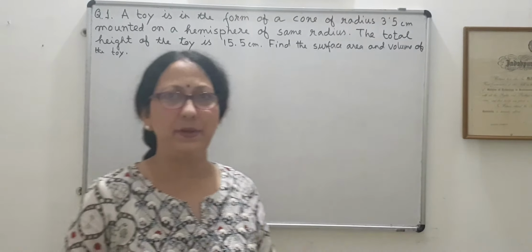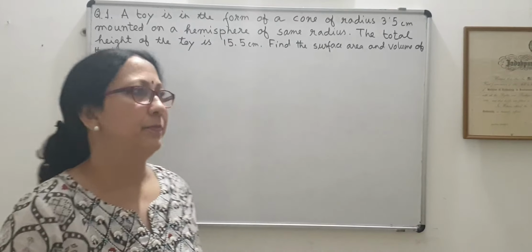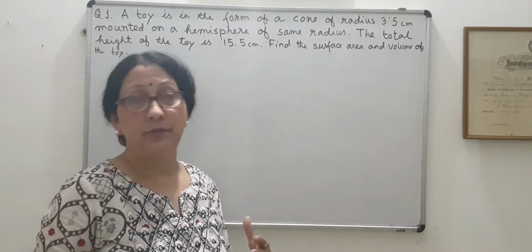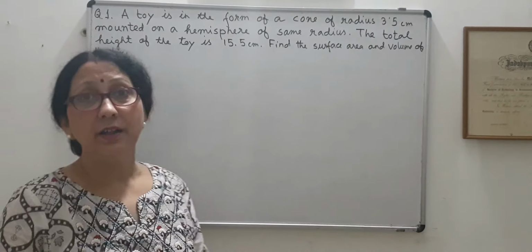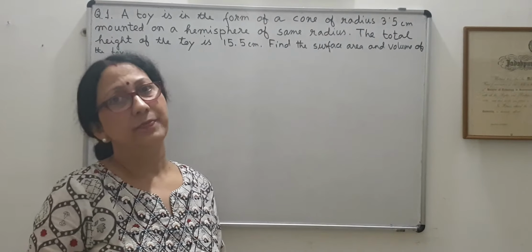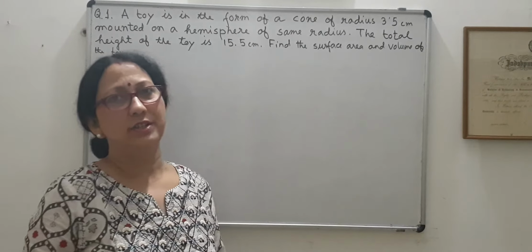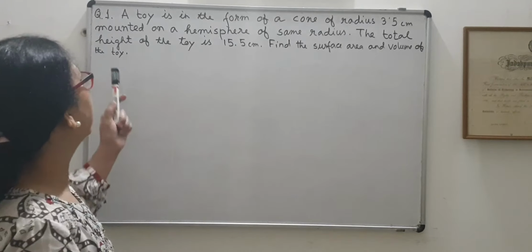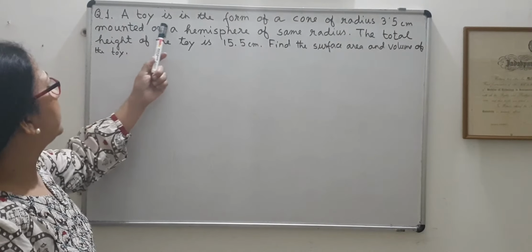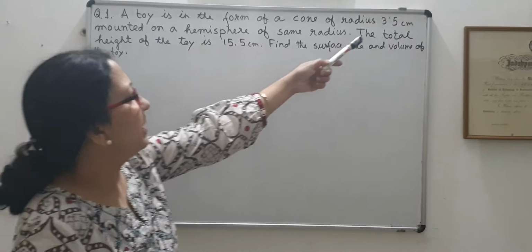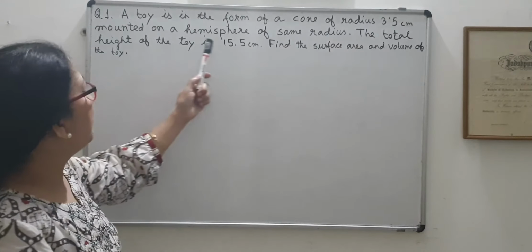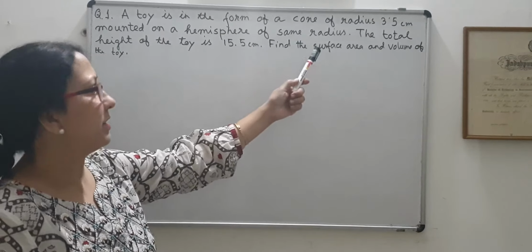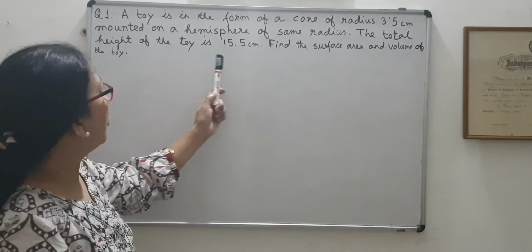Now I'll show you some applications of the formulas of basic solids, and also the calculation management in solving this kind of question. The question I've taken: a toy is in the form of a cone of radius this, mounted on a hemisphere of the same radius. The total height of the toy is given.